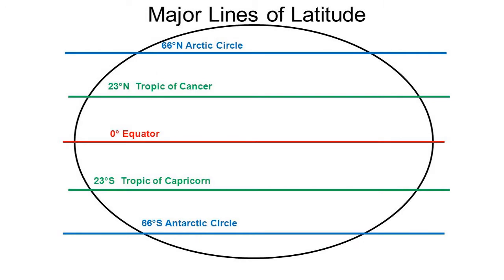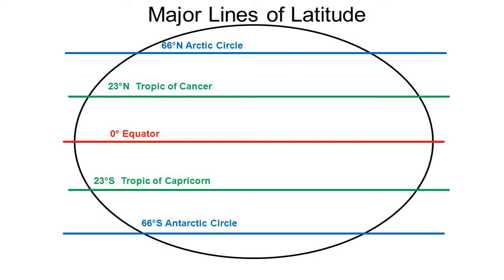Here we have the major lines of latitude. We have the equator at 0 degrees. We have the Tropic of Cancer at 23 degrees north or 23.5 degrees north.